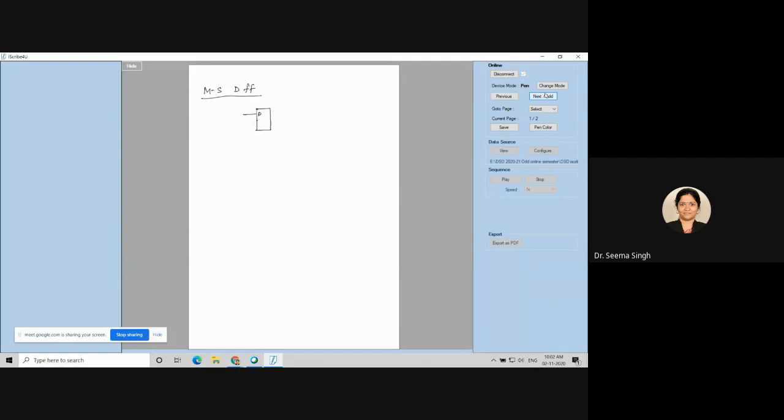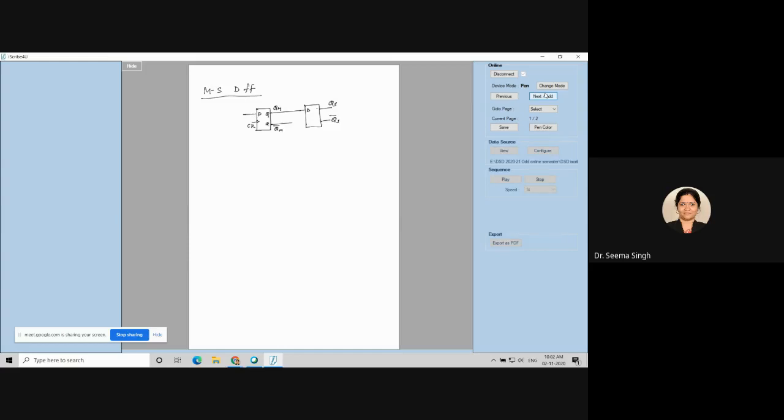Anyway, you know what is inside D, so I will not bother. This will be called the master, right? And you will have another D flip flop. And your QM bar will not be connected, and you will have your outputs as QS and QS bar, right?